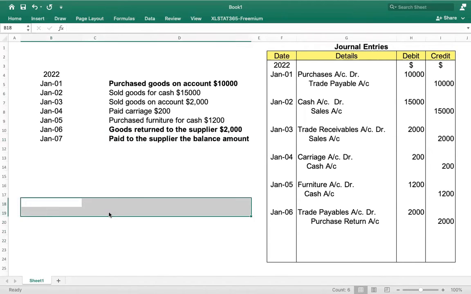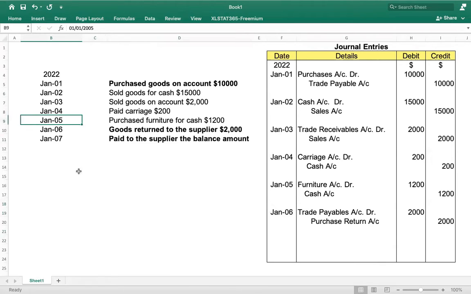Read the transaction. Pay to supplier the balance amount. So what is the balance amount here? 8,000. Now tell me which two items? Trade payable and supplier. Trade payable is the supplier only. Oh, okay. Cash.